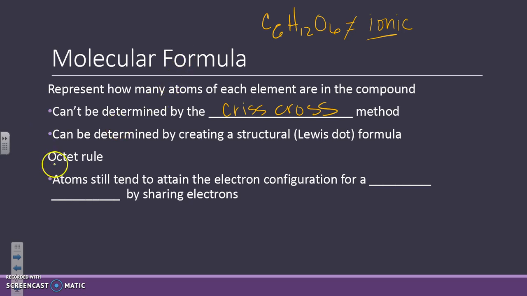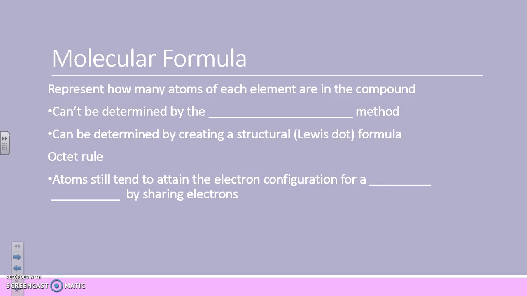When we do this Lewis structure, we have to obey the octet rule, which means that atoms are all trying to share electrons to achieve 8 valence electrons, the electron configuration of a noble gas. The only exceptions are hydrogen and helium, which both want 2 valence electrons because they can't hold more than 2.